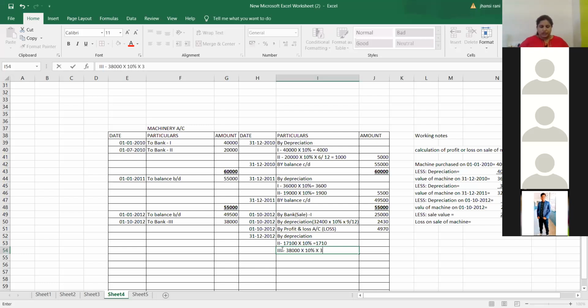So 38,000 at 10% is 3,800, into 3 by 12 comes to 950. So these two together, 1,710 plus 950, will be 2,660.